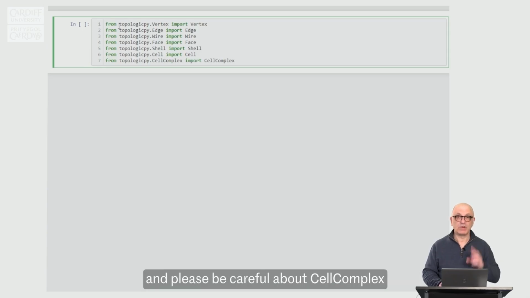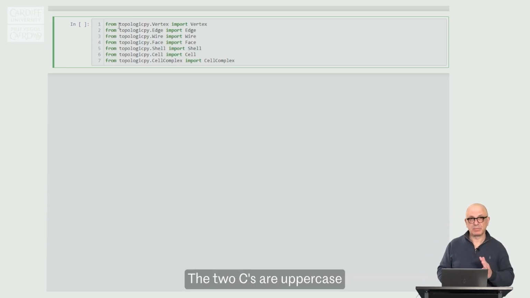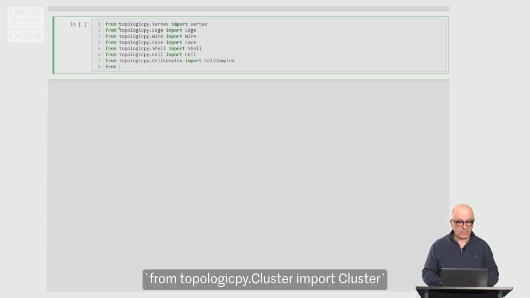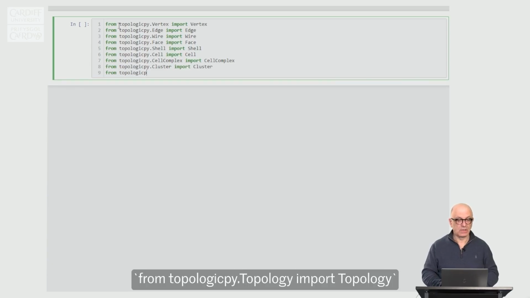And please be careful about cell complex in terms of the capitalization. The two C's are uppercase and everything else is lowercase. And from topologicpy dot cluster import cluster. And lastly, from topologicpy dot topology import topology.